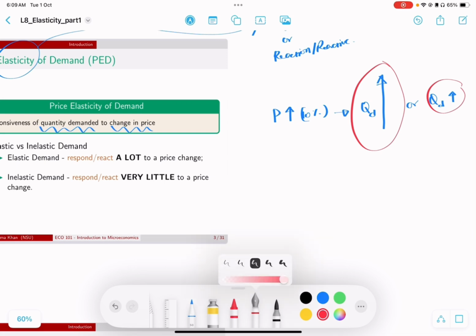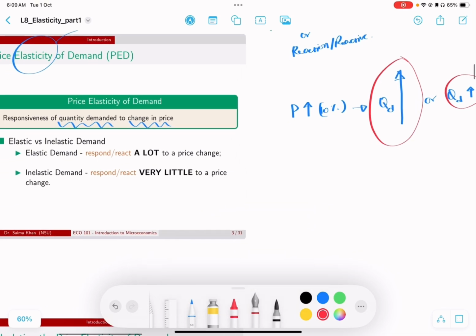So when we say that it's responding a lot, basically a big response in quantity demanded to change in price, when this response is huge, we say that the demand is elastic.